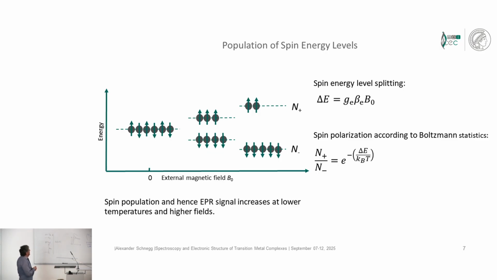Well, I already told you that electron spins orient in an external magnetic field, and there's an energy difference, as I have already mentioned, between spin up and spin down, but due to the fact that this energy difference is relatively small, already at cryogenic temperature there is also an excitation to higher lying energy levels, and this spin population increases by increasing either the external magnetic field, which increases the energy difference, or by decreasing the temperature.